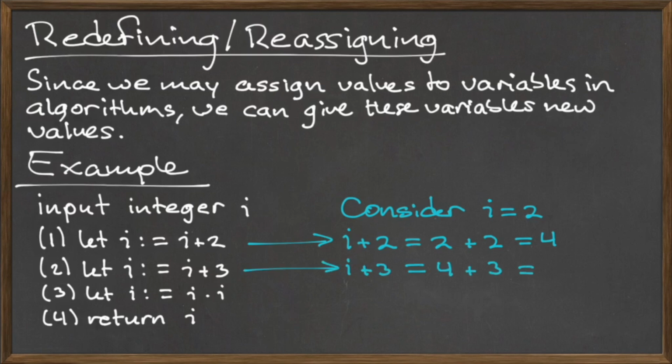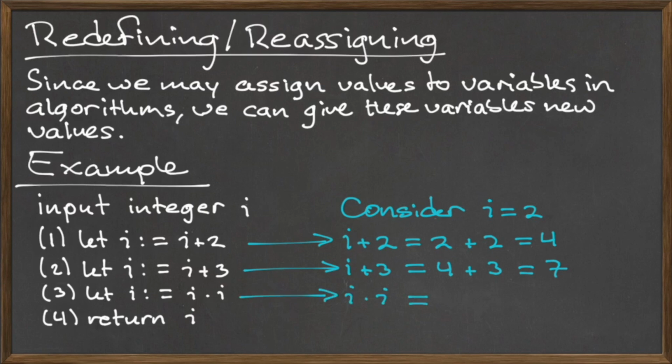Step 2 of our algorithm redefines the variable I again by assigning it the value I plus 3. Remember, at the end of step 1, the current value of I is now 4. So in step 2, the variable I takes on the value 4 plus 3, which is 7.